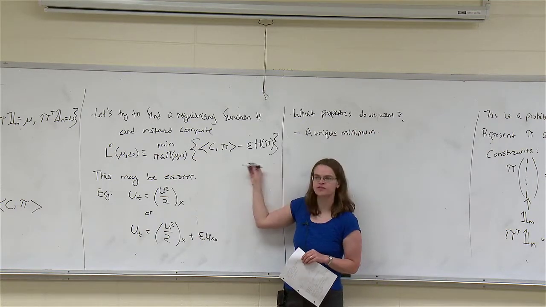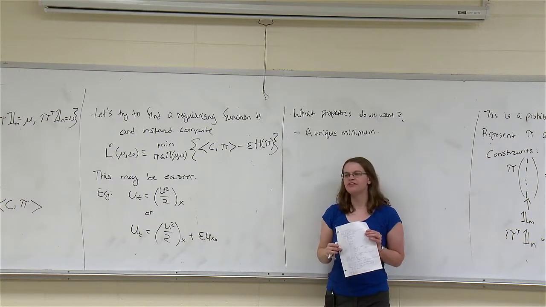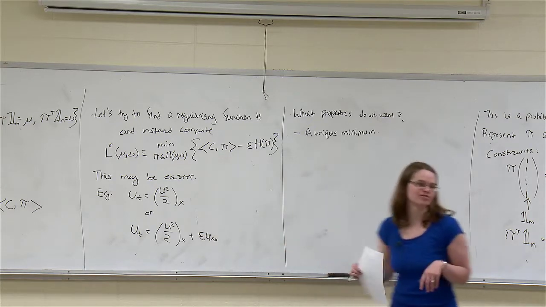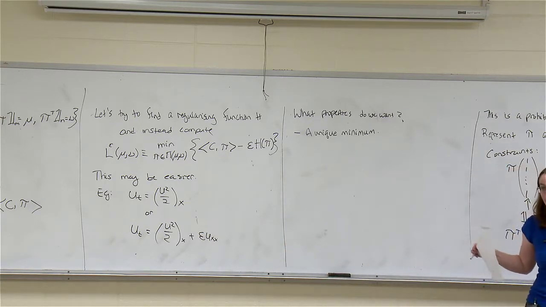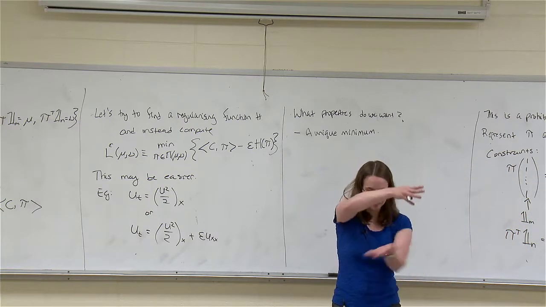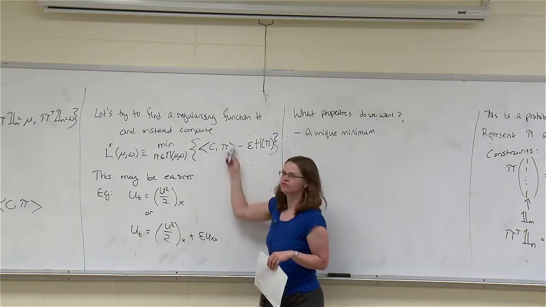So what does it take for this to have a unique minimum? What kind of functions do you love to minimize? Yeah, you love to minimize convex functions. You love to minimize uniformly convex functions, right? If you've got something that's uniformly convex, now we've got a minimum. So what does this term have to do with convexity?